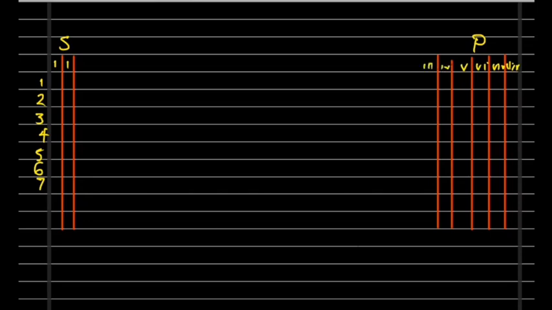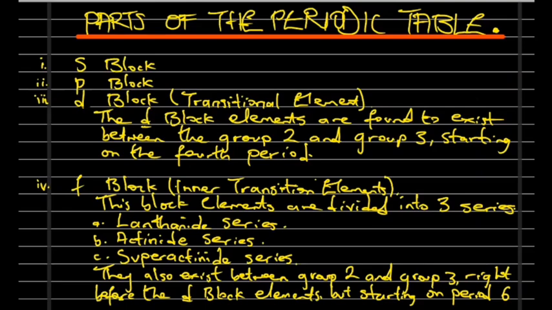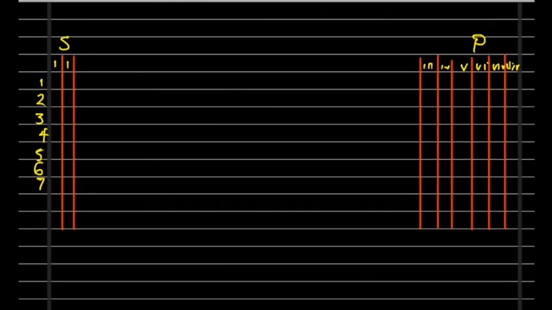So if I have that now, let's assume I have this here. From here I'll be having period 3, from what we just read about. I said that the D block elements are between group 2 and group 3, and it starts from the 4th period. So that is what we'll be seeing here now. From the 4th period, far to the right beside the P is where we now have the D block elements.